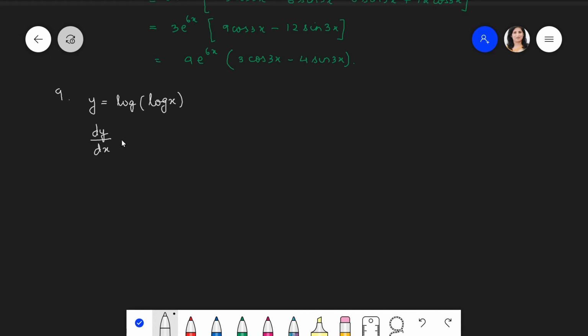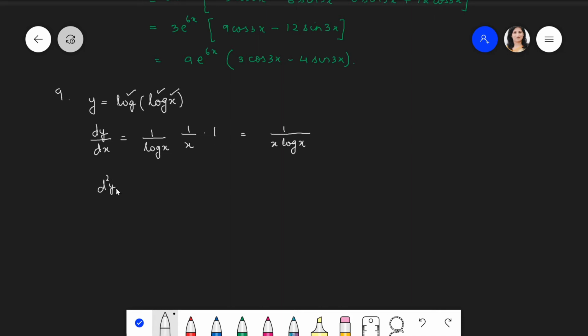Okay, so differentiating with respect to x, differentiating this log function, we get 1 upon log x. Then differentiating this log function, we get 1 upon x, and differentiating x, we get 1. So our final result is 1 upon x log x.